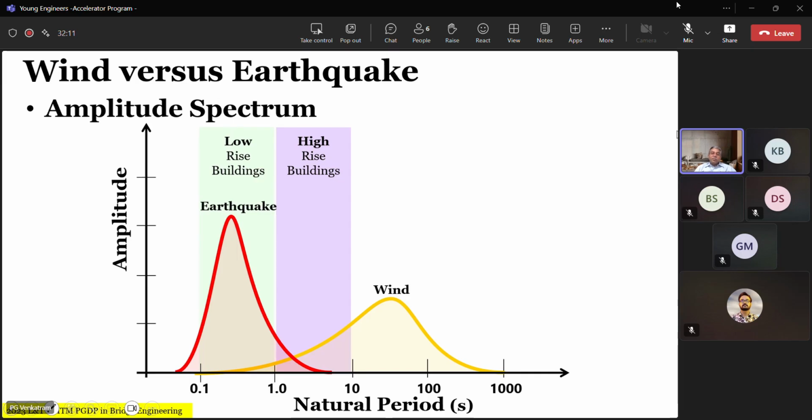So, which is the correct modeling? Sir, outer size for shorter structures.